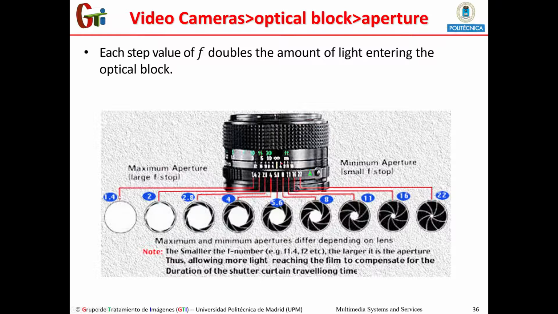So these somewhat strange numbers, because they don't follow a specific pattern, are the result of the fact that between two f numbers, the quantity of light is double if we are widening the aperture, or just halving the amount of light if we are closing the aperture narrower.